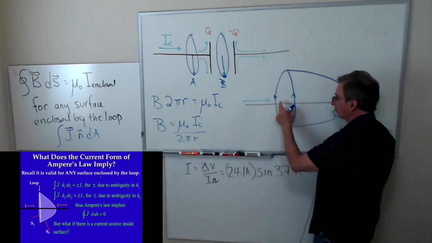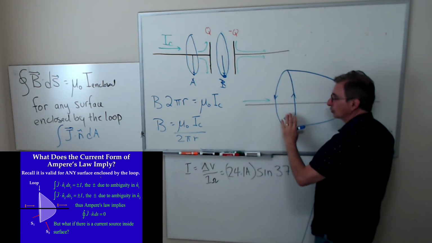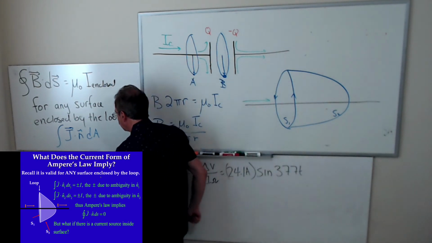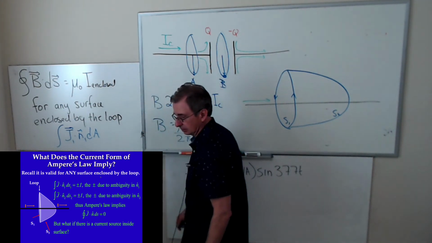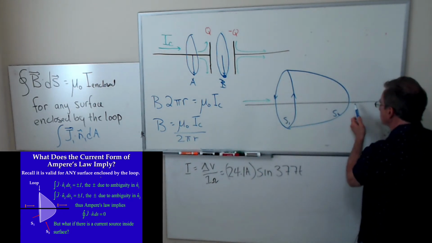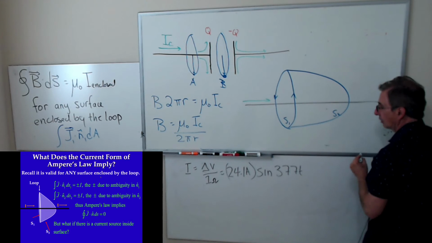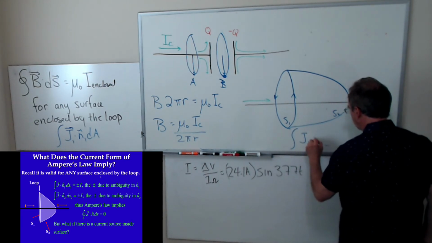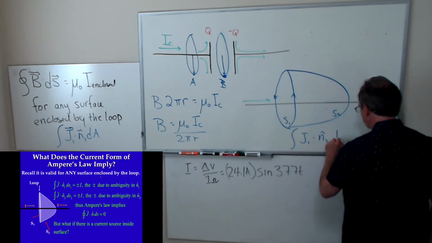The current through the flat loop can be written as the integral of j dot n1 dA. But this current also penetrates the second surface, where we can write the integral of j dot n2 dA.